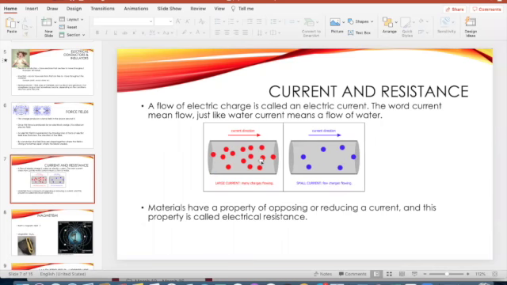Mostly used is copper because it's relatively cheap, but they are using other metals as well. So resistance is a form of friction within the wire opposing the flow of charges. The charges are in motion and the friction within that wire is called the resistance.